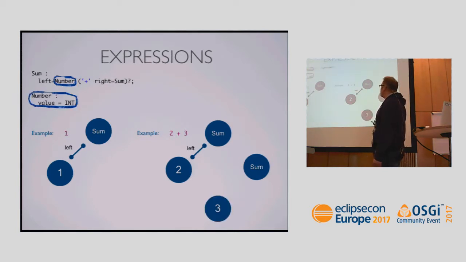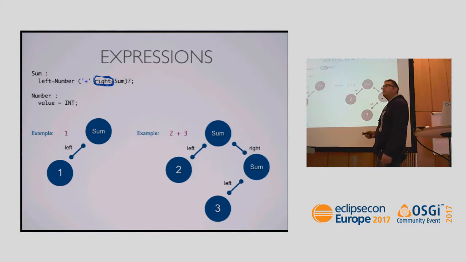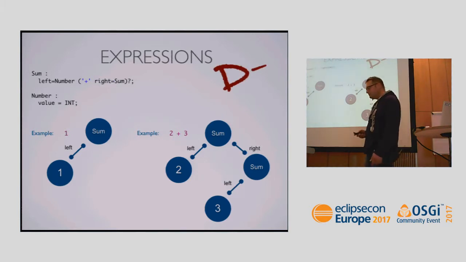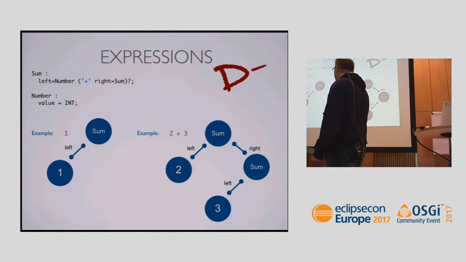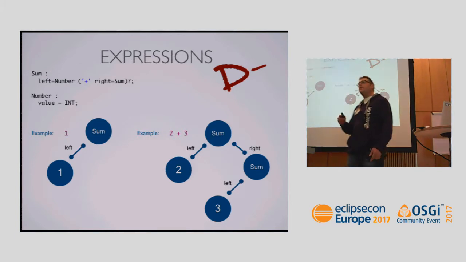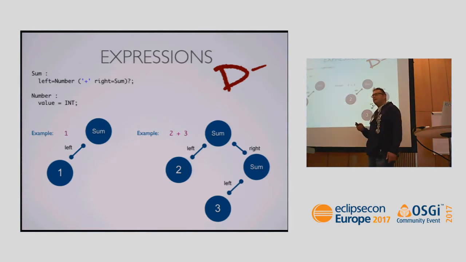I face the 3, create a 3, assign the 3 to the left feature, and then assign the right side of the first sum to the new sum. That's horrible. Now let's do it better. And this is where assigned actions come into play.